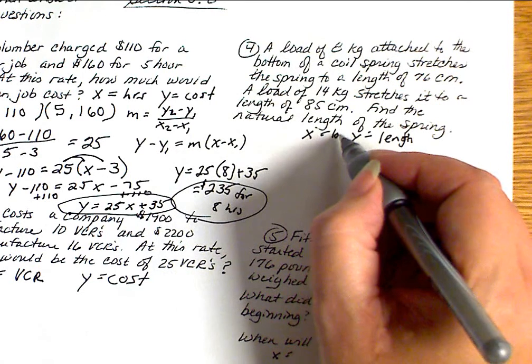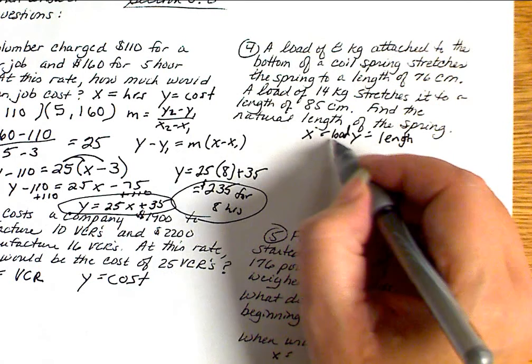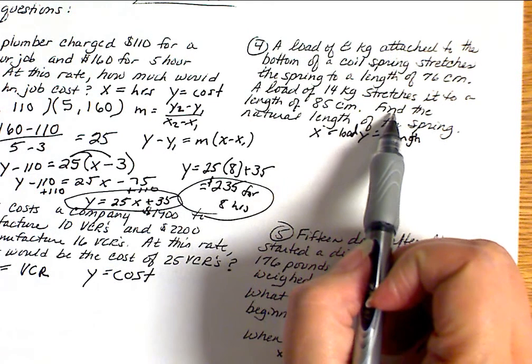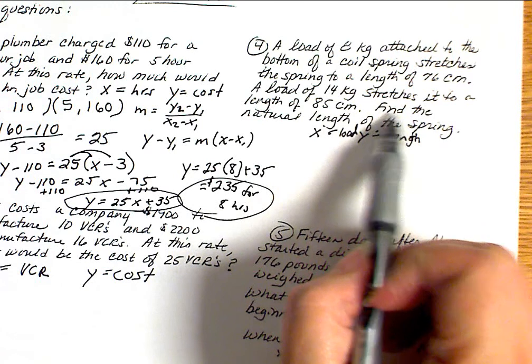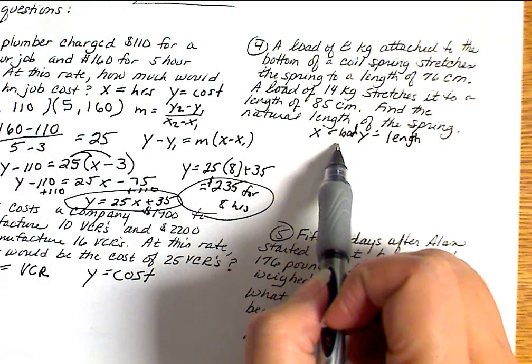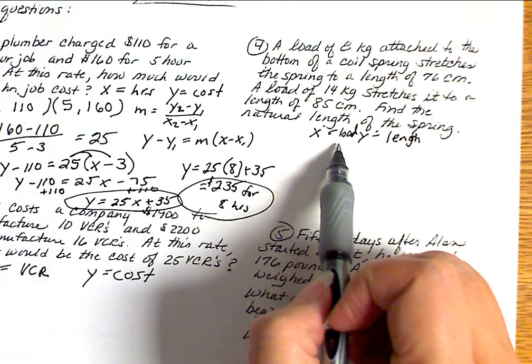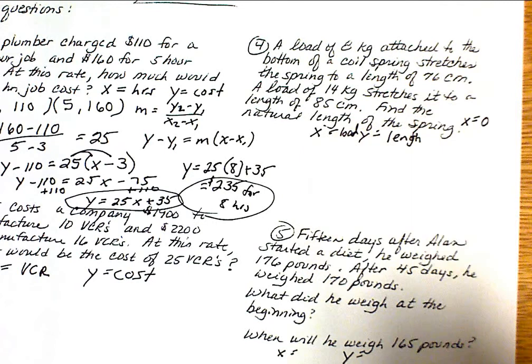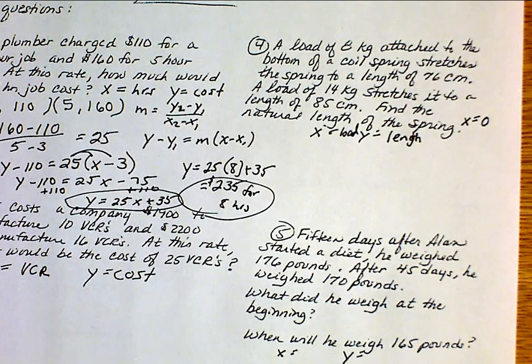And this is really important too: when it says find the natural length of the spring, they want you to put in 0. So what they're asking you to do is put x equals 0 after you set up your equation, because the natural length means there's no weight on there.